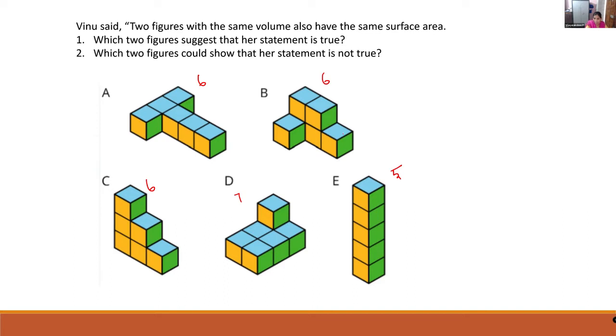Suppose we take B. Here I can see 5, right? Here also I can see 5. Isn't it, teachers? Here, at this corner, how many are seen? 4, ma'am. Yes, 4. Here also 4. Right. And here, this one? 3.